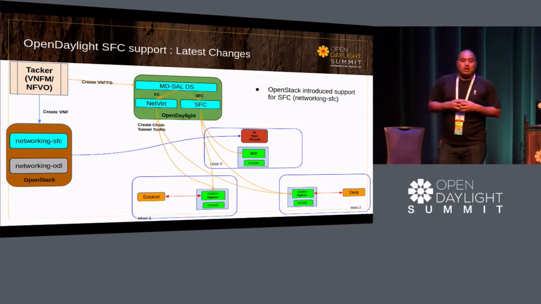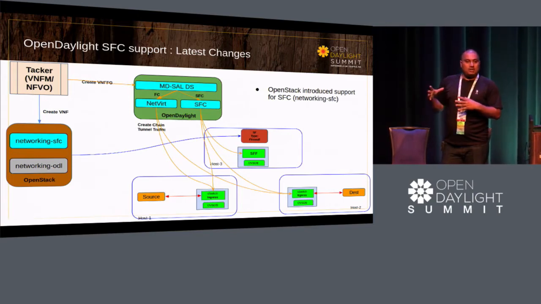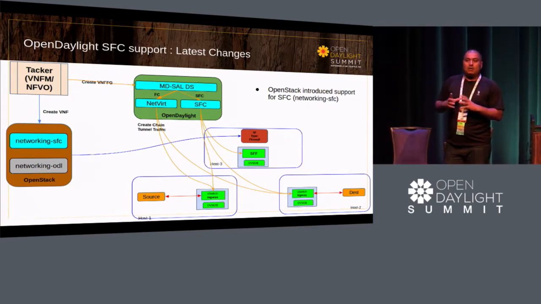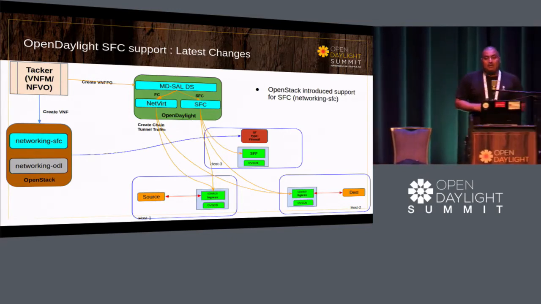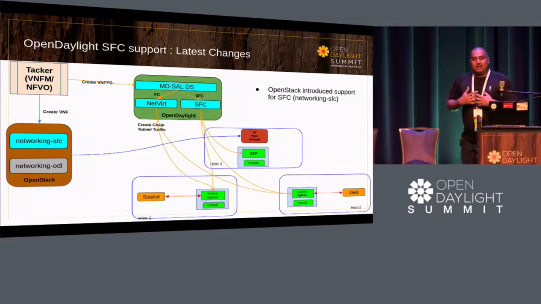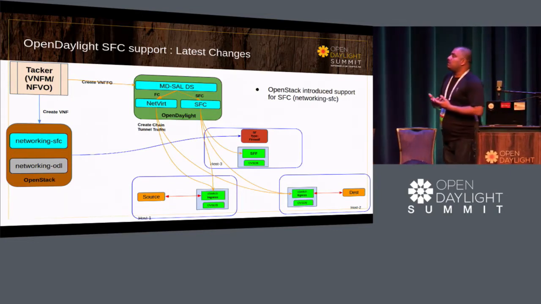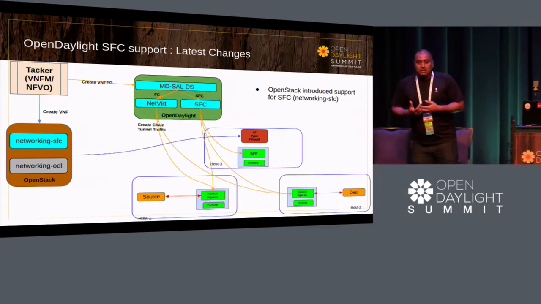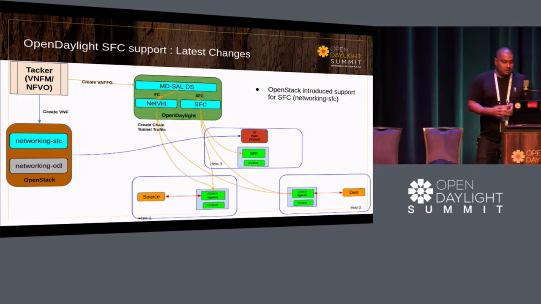Tacker has also moved to OpenStack as its NFV MANO project, which lets you address some NFV use cases. Given that OpenStack already has networking SFC, and because NetVirt supports most of the services from OpenStack, we decided to add support for networking SFC.